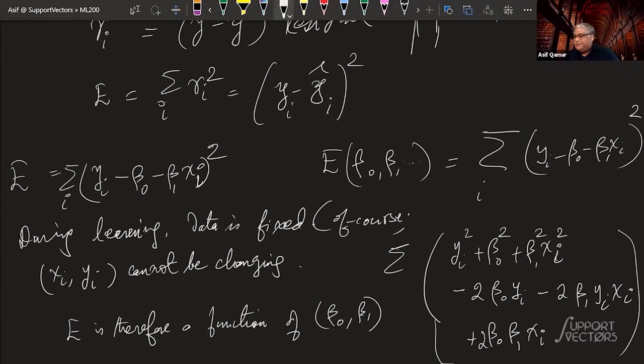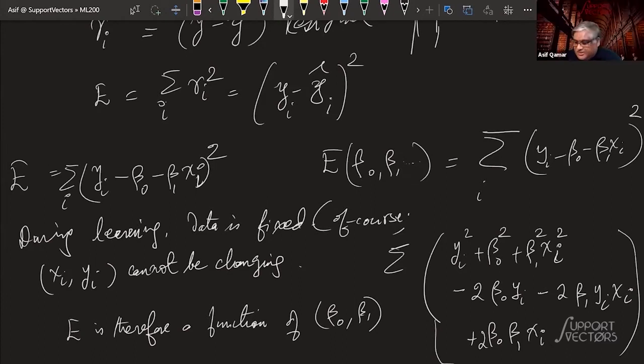So guys, if you look at this equation, it's a bit of a long set of terms, but what is the highest power of beta that you see here? Beta naught square, beta 1 square, the square terms.